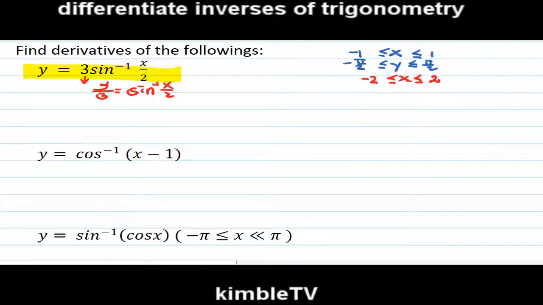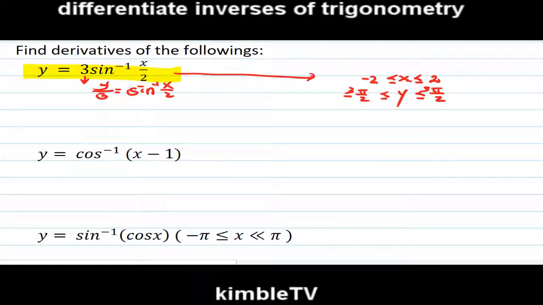And for the y range, y is replaced by y/3. y/3 is between -pi/2 and pi/2. Multiply both sides by 3. Therefore y is between -3pi/2 and 3pi/2. These are its domain and range.